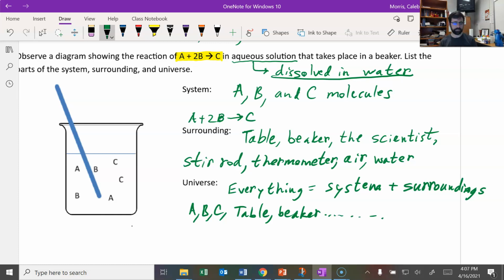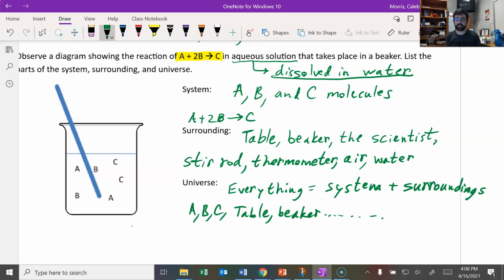So for this example, if I wanted to say that the system releases heat, that means that the surroundings would absorb the heat. If the system releases heat, that means that it's getting rid of heat. Its temperature would decrease. But the surroundings would be absorbing that heat. Their temperature would increase.